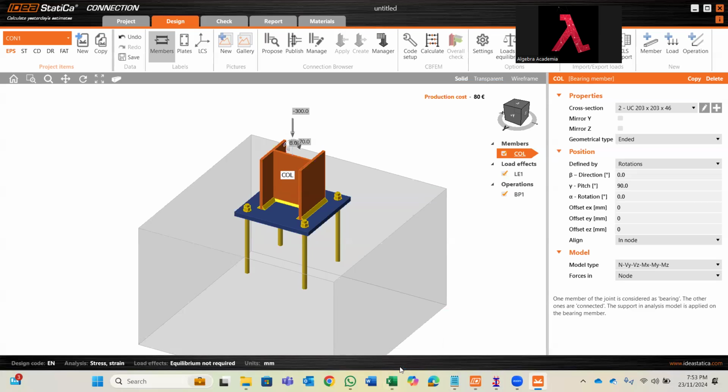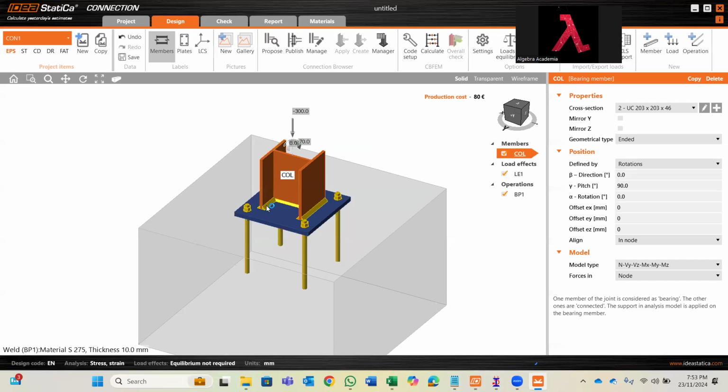So here the section size is how much? 203, right? From the face of the section to the center of the bolt, you need clearance, because in order to use the wrench to tighten the nut, minimum 30 to 35 millimeters. Let's consider 35 millimeters. Sometimes we go for even 40 millimeters.